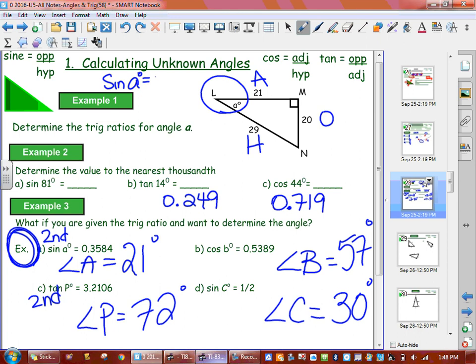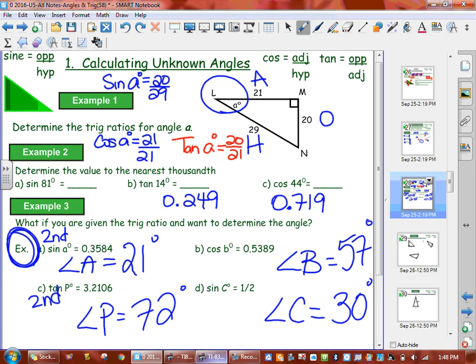Cos of A is A over H, we'd have 21 over 29. Tan of A degrees, what's O on A? So 20 over 21.